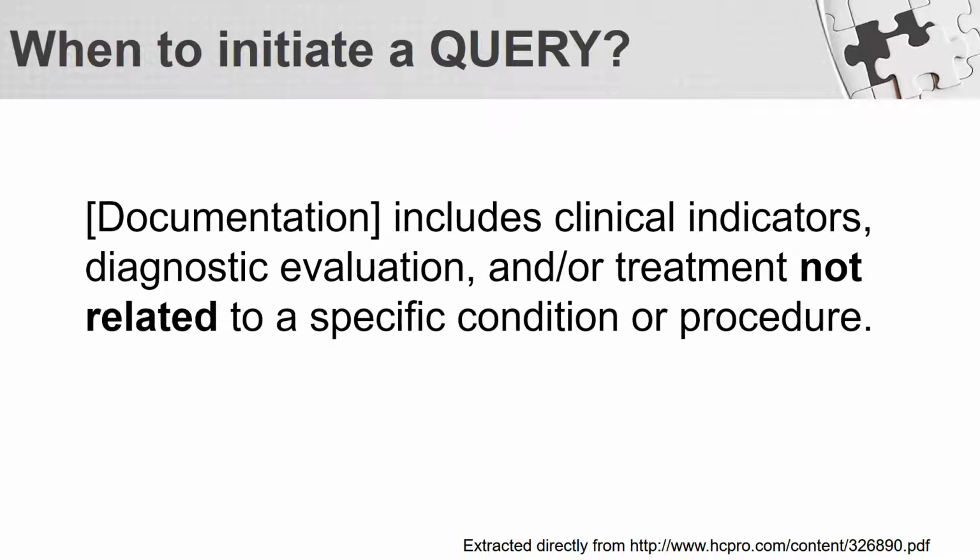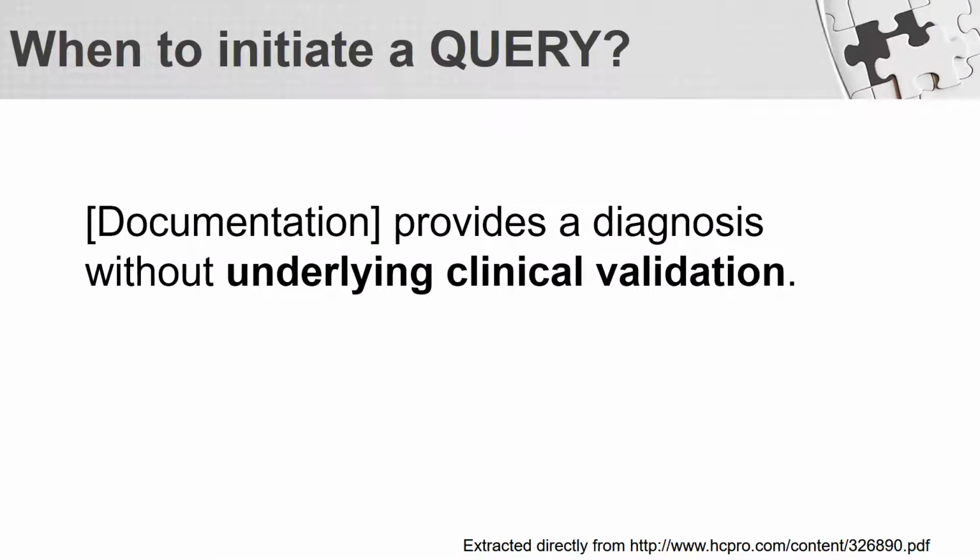Documentation includes clinical indicators, diagnostic evaluation, and/or treatments not related to a specific condition or procedure. Again, these are things that you will learn and pick up on a lot more as you go, and will be able to more quickly identify them. Documentation provides a diagnosis without underlying clinical validation.